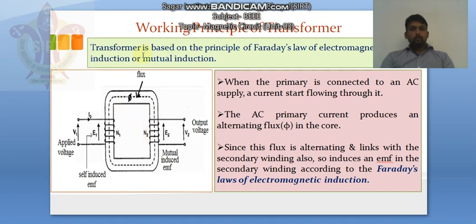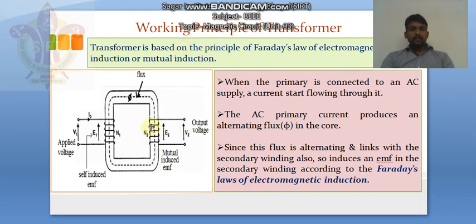Now what is mutual induction? As you know that a coil having a flux, and some part of its flux can be linked with the secondary winding. So the quantity of the flux which is linked with the secondary winding is called mutual induction.